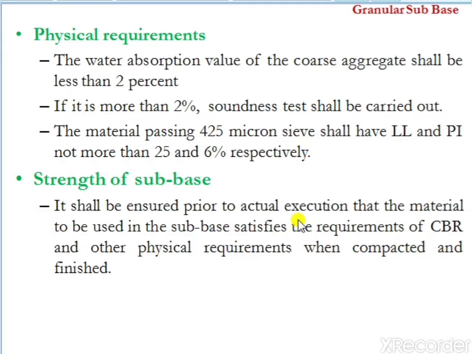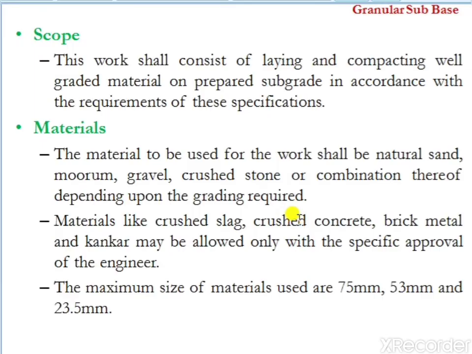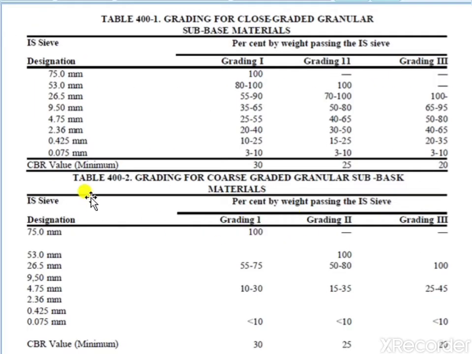In the previous slide we saw the table for different grades like grade 1, grade 2, grade 3, which have different CBR values. For grade 1 it is 30, for grade 2 25, for grade 3 20. Similarly, in case of coarse graded granular subbase we have different values for the CBR test.